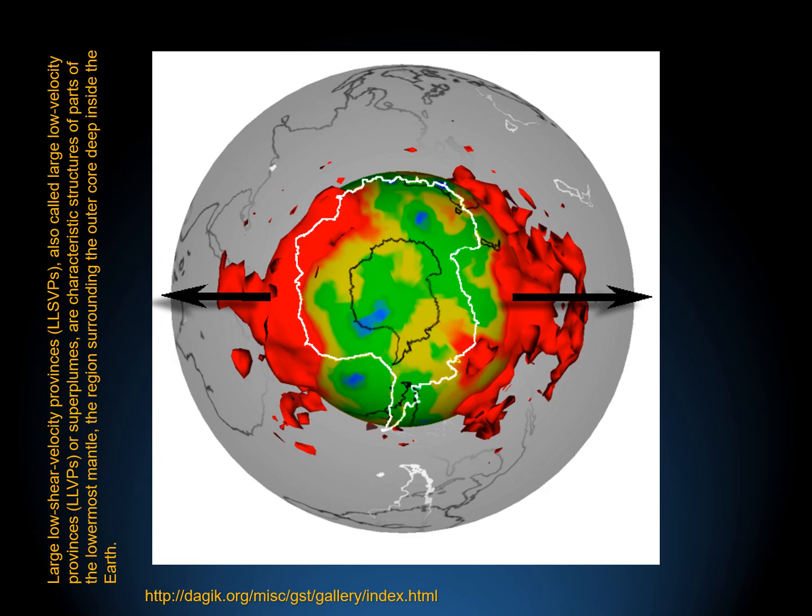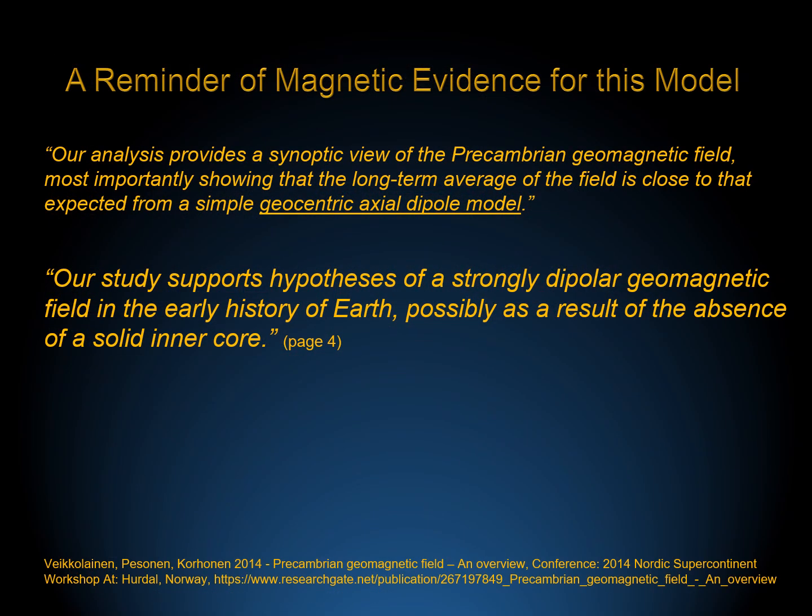As a reminder, Vaikalainen et al.'s research results are presented in the next slide. A reminder of magnetic evidence for this model. As Vaikalainen et al. state, quote, our study supports hypotheses of a strongly dipolar geomagnetic field in the early history of the Earth, possibly as a result of the absence of a solid inner core.